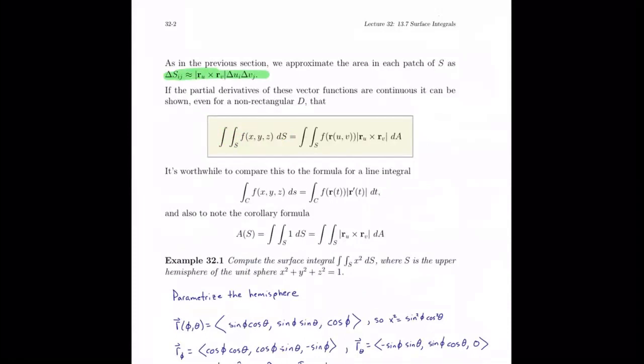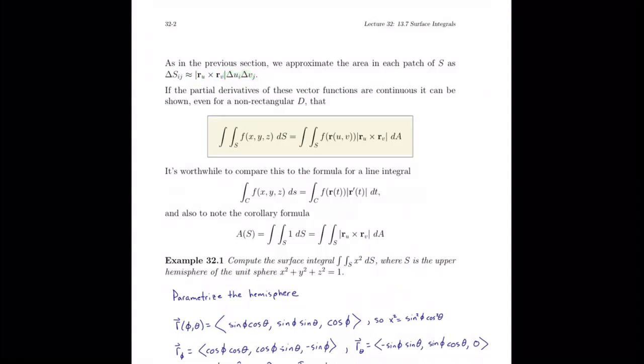And in the previous section, we were able to approximate that area as the magnitude of R u delta u cross R v delta v for each subpatch. And we've just factored these two constants, delta u and delta v, outside of the magnitude of the cross product because they are in fact scalars and they're positive, so they'll pass out of the magnitude bars nicely as is.